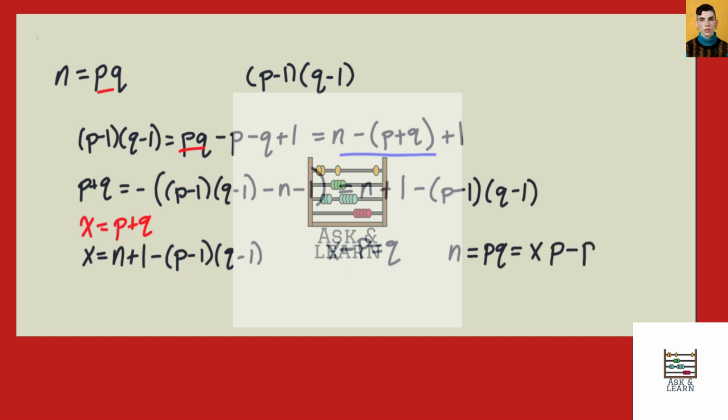Now, if n is equal to p times q, then what this implies is n being equal to pq is equal to x times p minus p squared.